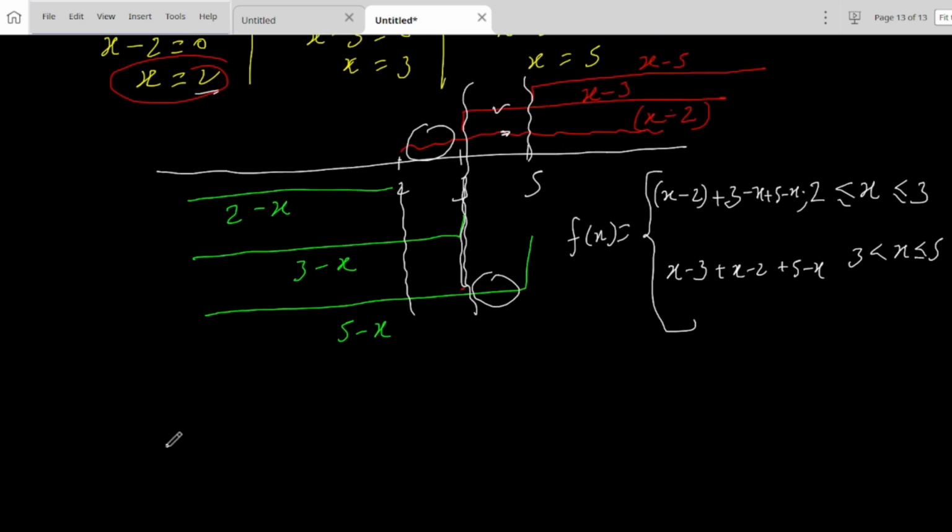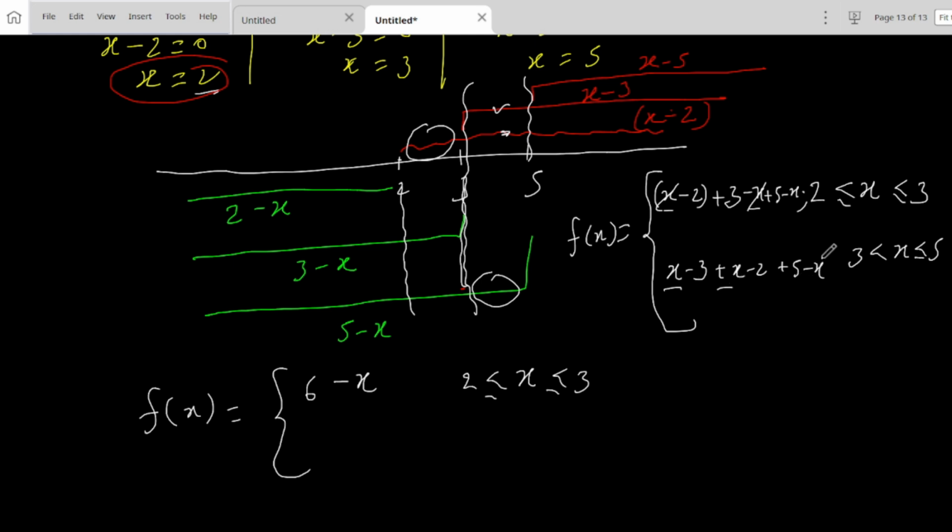So if we solve f(x), the x and minus x cancel out, and this would be 5 plus 3, 8, minus 2, which is 6, minus x, when x belongs to 2 to 3. For the other one, x plus x and minus x, so the extra terms cancel out, and the constants 3 and 2 give 5, and 5 is cancelled out.